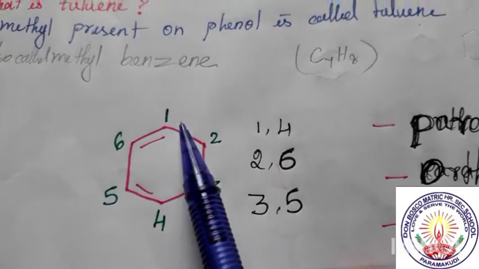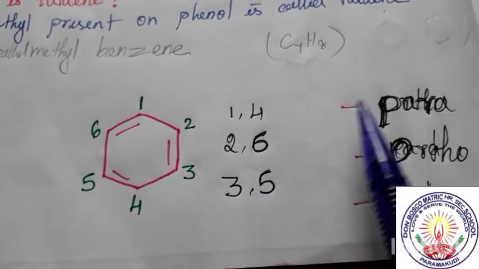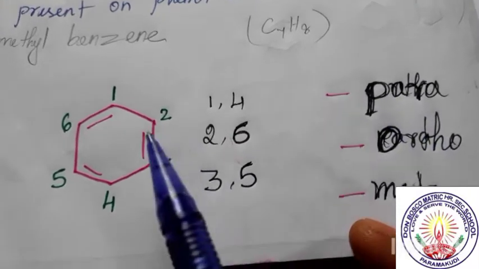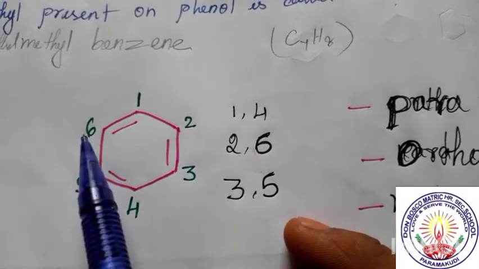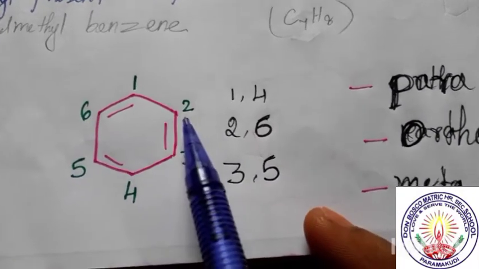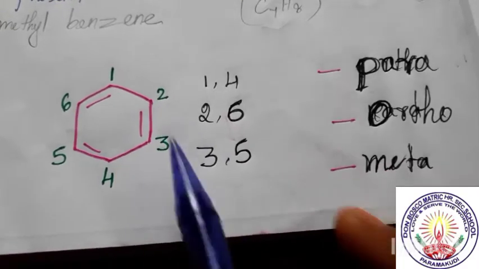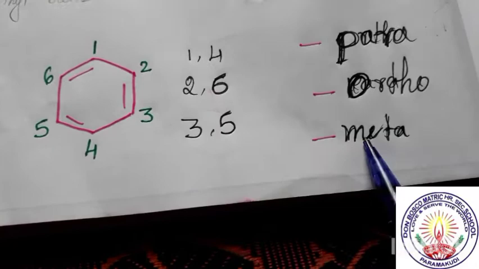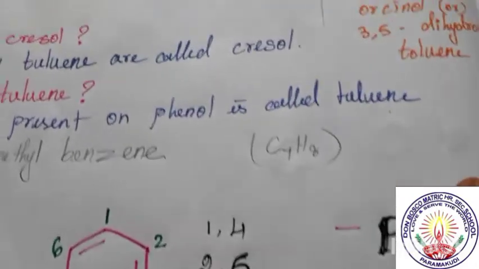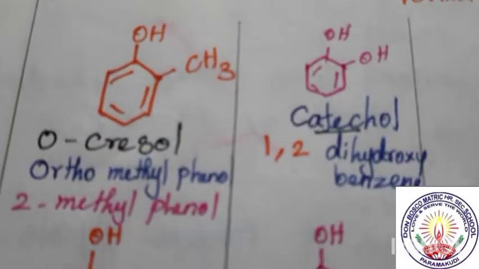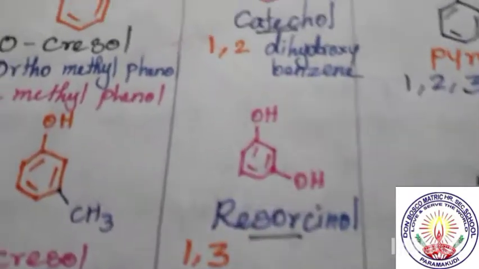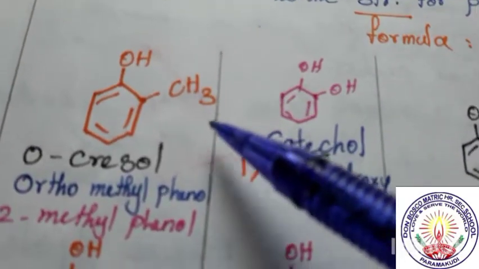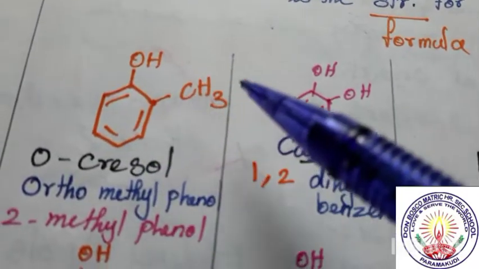This 1 and 4 is a para position and 2 and 6, these two are ortho position and these 3 and 5 are meta in position. And now we have seen what is toluene. Methyl present on phenol is called toluene.